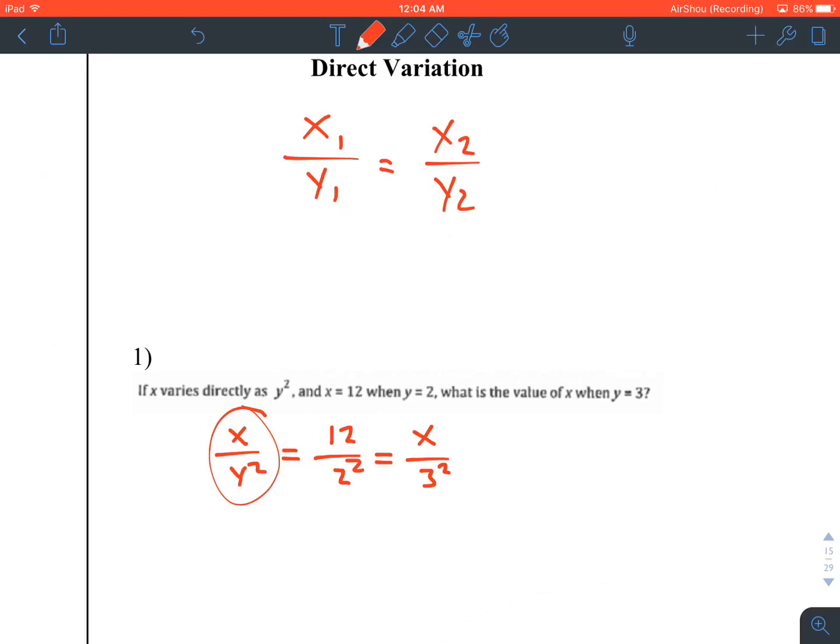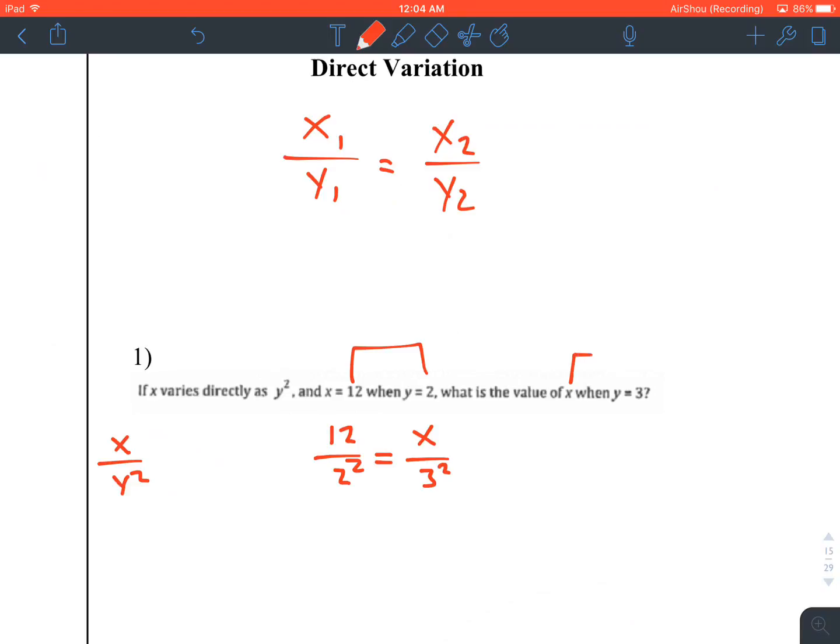Since x varies directly as y squared, and we're given x and y values, the relationship that we're given is this. It's always going to be x over y squared, and then we're told that these pairs go together: x is 12 and y is 2.